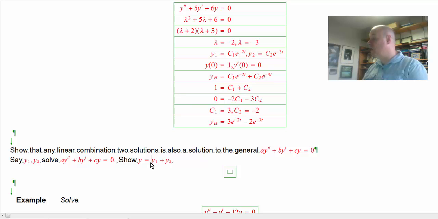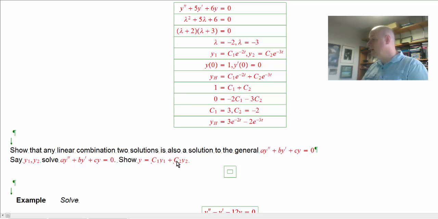I want to show any linear combination. So some constants. So a linear combination of these two solutions will also be a solution for any of the constants. So in order to show that this solves this, I need to get the first derivative, sub it in here, the second derivative, sub it in here, the original y, sub it in here.